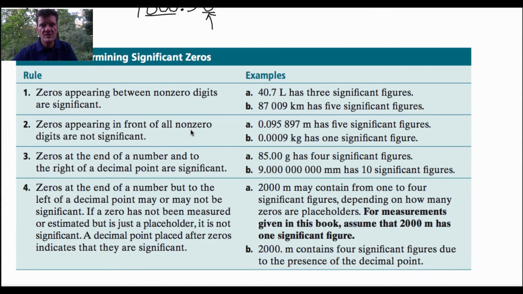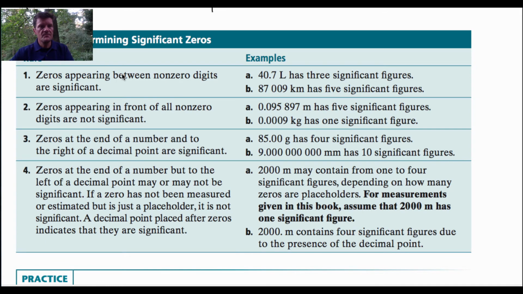So here are the rules. All that to say, watch. Here are the rules for zeros, and we're going to have examples on every single one. When you see a 0 between any non-zero digits, like here, and here, and here, those zeros are significant.